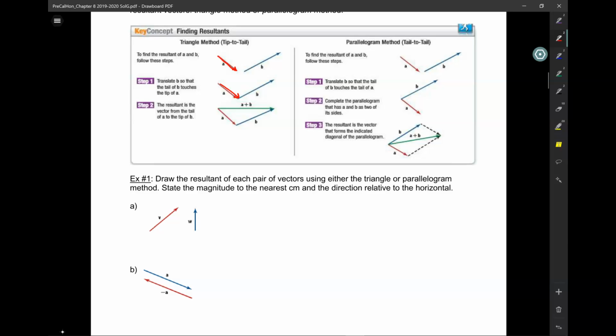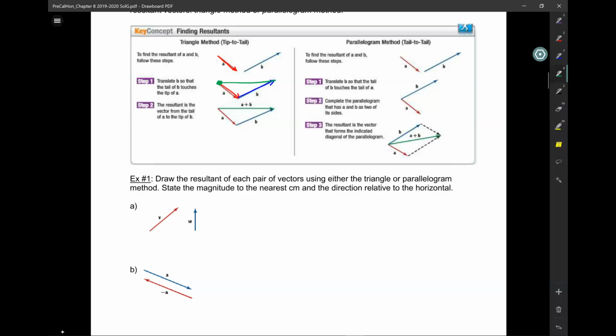But you can't have two arrows touching each other, so it has to be arrow to end point. So it's like one vector, another vector here. Now you have to connect them, and you have to go from the beginning of A to the end of B that way.